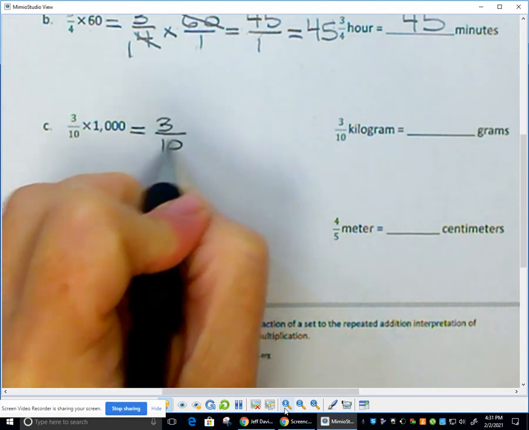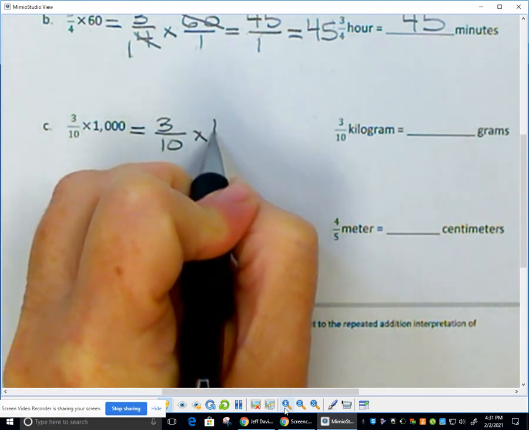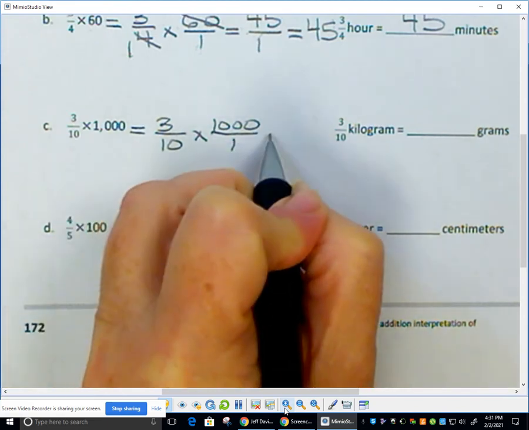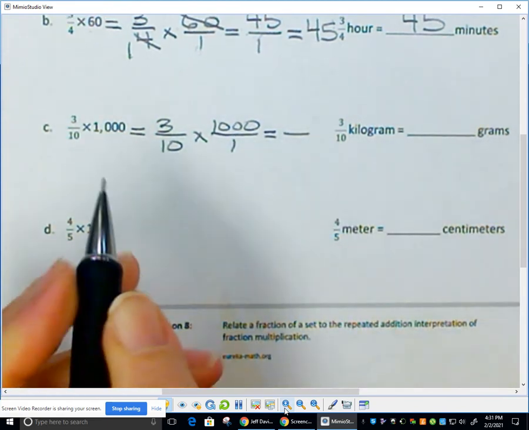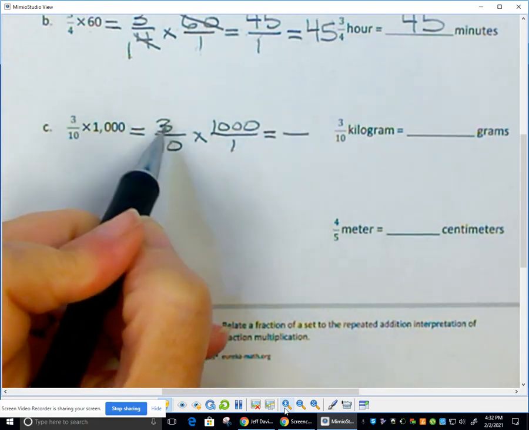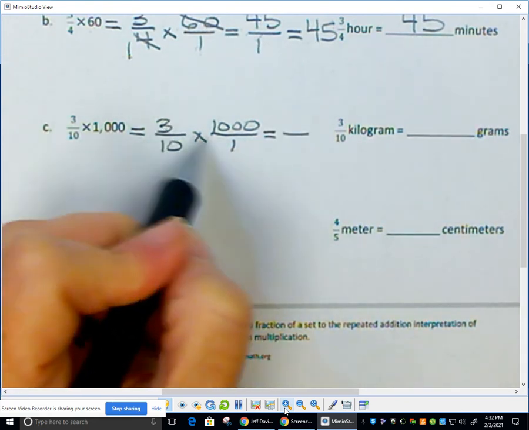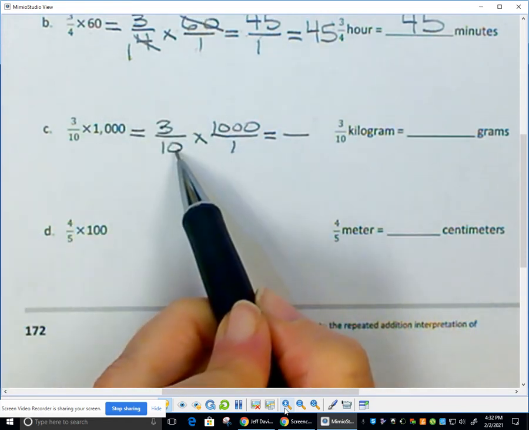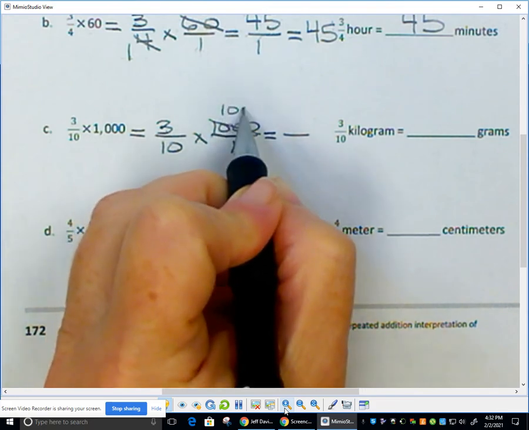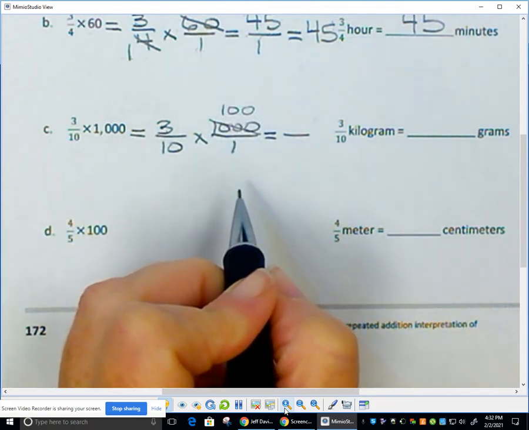3/10 times 1,000 over 1 equals, let's cross cancel. 1 will go into 3. It'll go 3 times, so we'll leave this alone. Let's look at 10 and 1,000. 10 will go into 1,000 100 times, right?